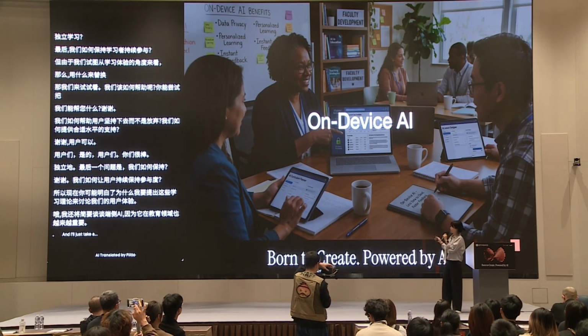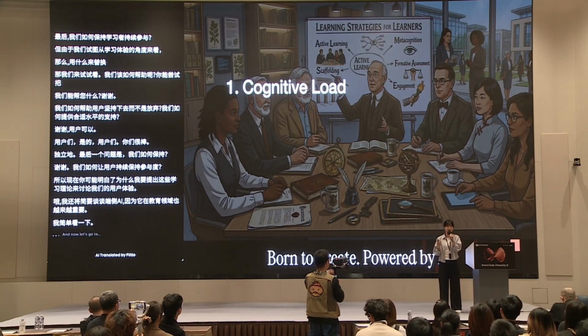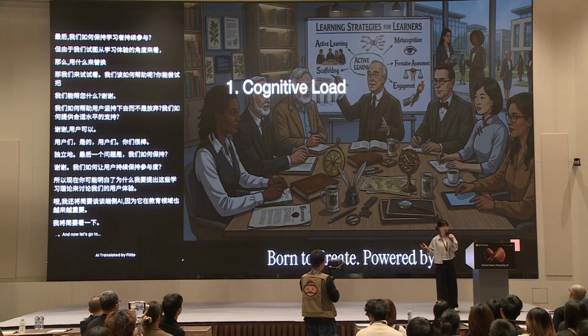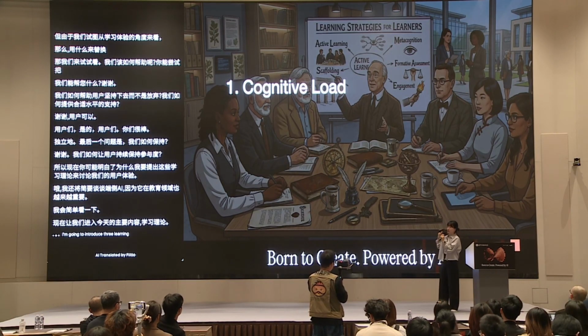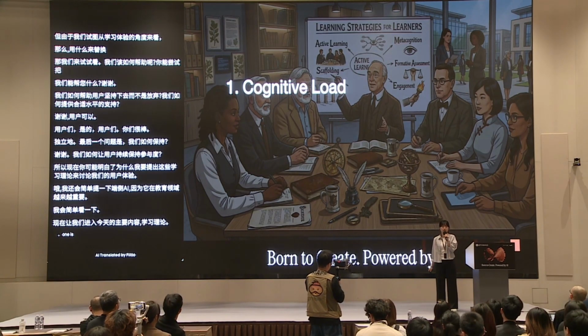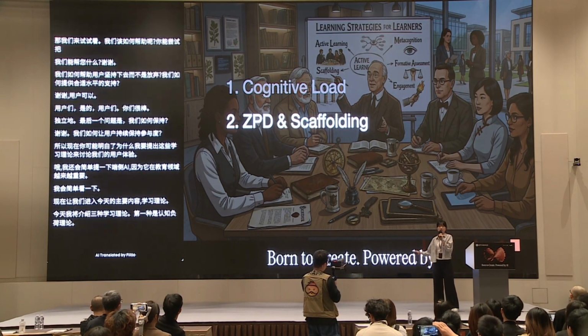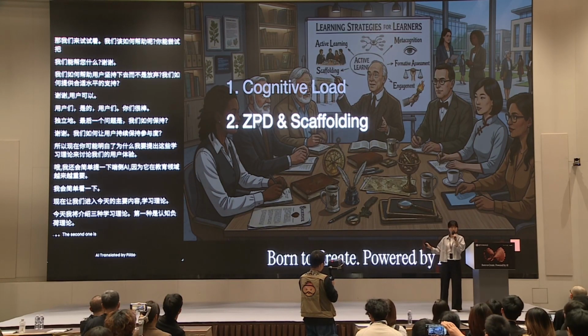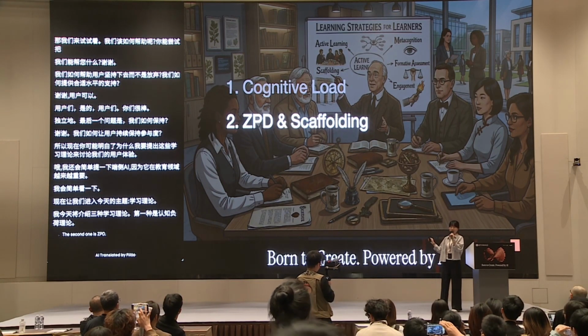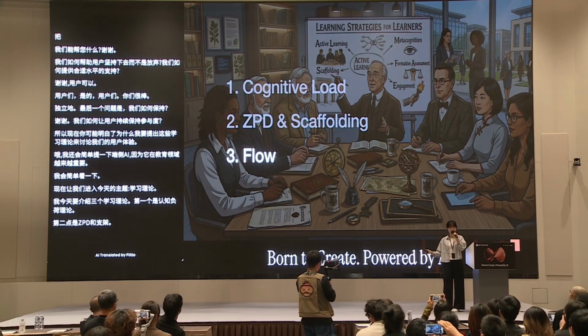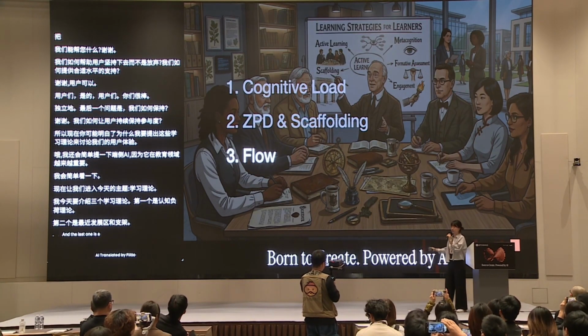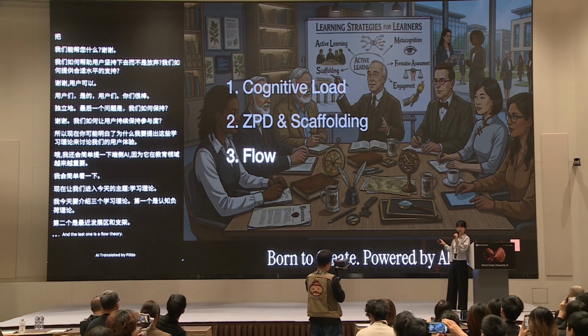And now let's go to today's main things, learning theories. I'm going to introduce 3 learning theories today. The first one is cognitive load theory. The second one is ZPD, zone of proximal development and scaffolding. And the last one is the flow theory.